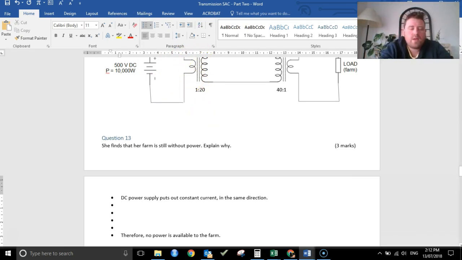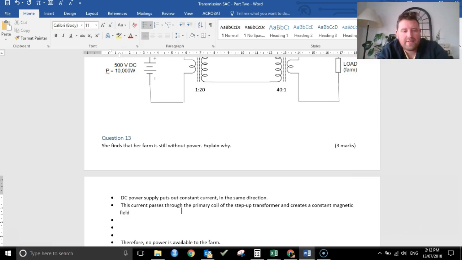This current passes through the primary coil of the step-up transformer and creates, and here's the key word, and you might want to underline it or make it bold or write it in a different color, a constant magnetic field in the coil.